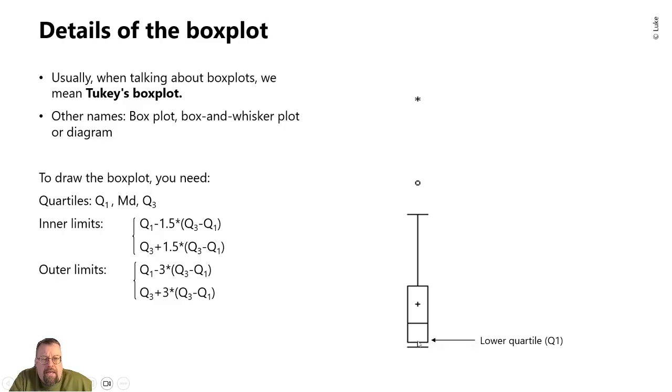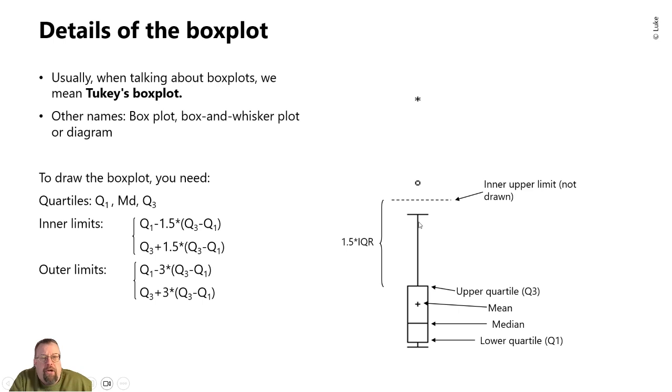First of all, the lower part of the box is the lower quartile. Median gets the line here. Mean usually is presented with some symbol like the plus here, and upper quartile is the other end of the box.